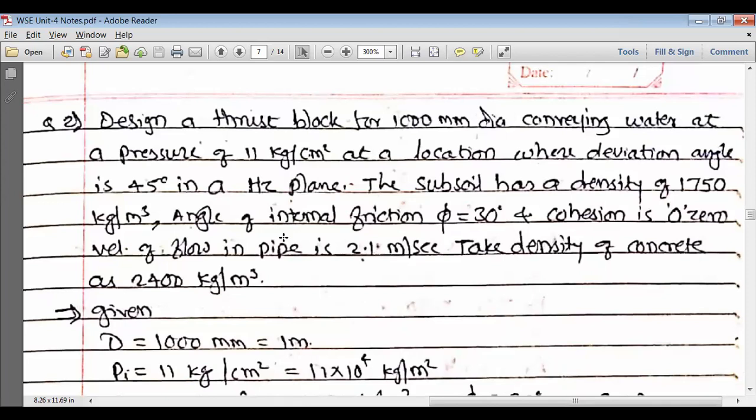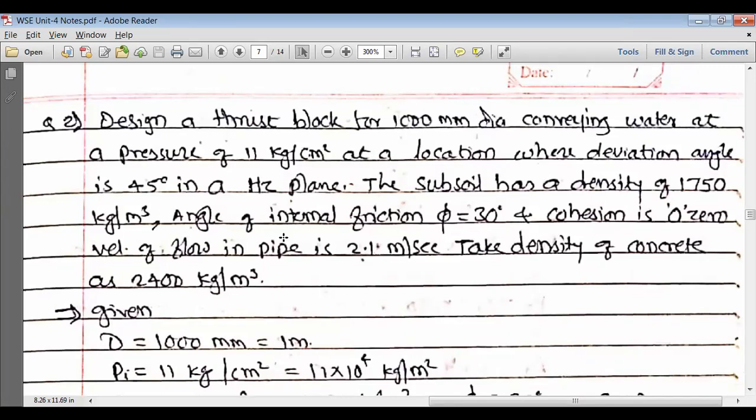See, this problem is similar to the previous problem we solved the day before yesterday. So just follow the same procedure to solve this problem and let me know the answers from your side. First write down the given things.